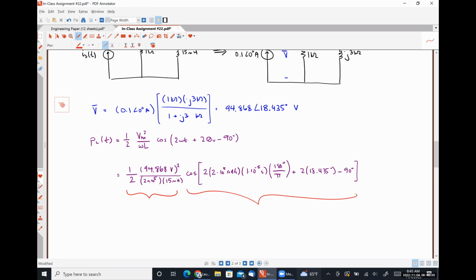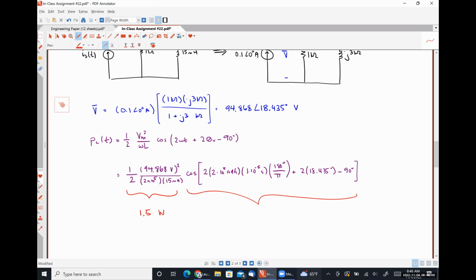94.868 squared divided by 2 times 10 to the 5 times 15 times 10 to the minus 3. So that comes out to be effectively 1.499998. So this would be measured in watts. Then I have this big horrifying thing.